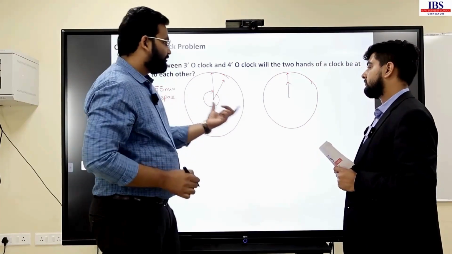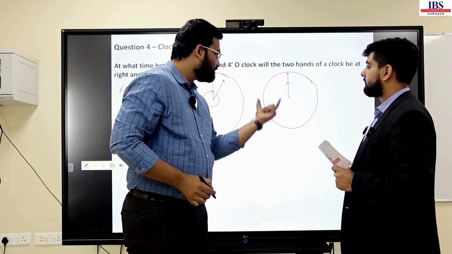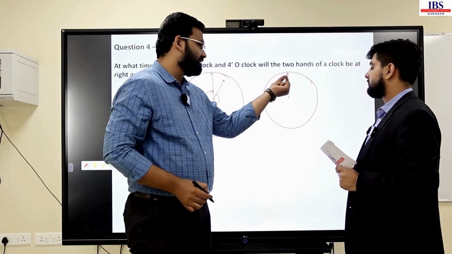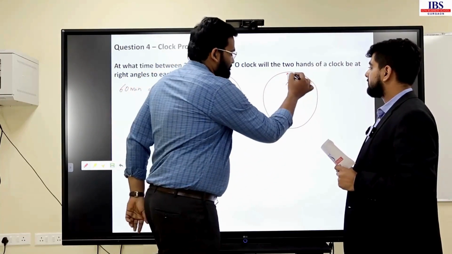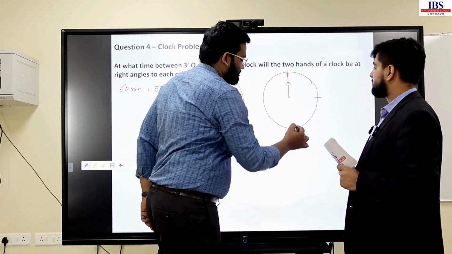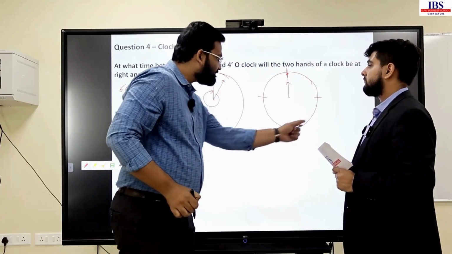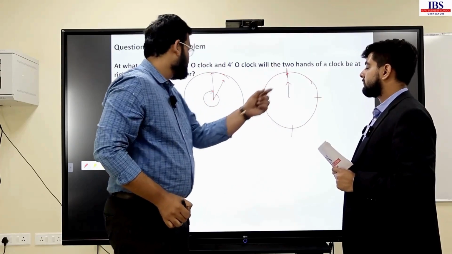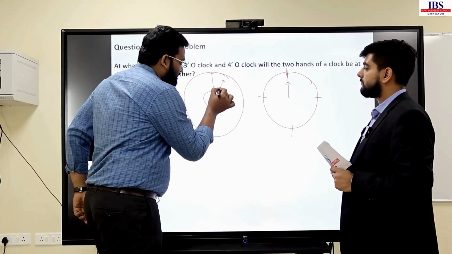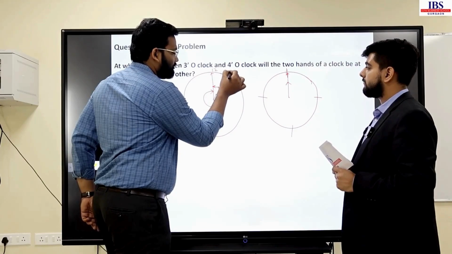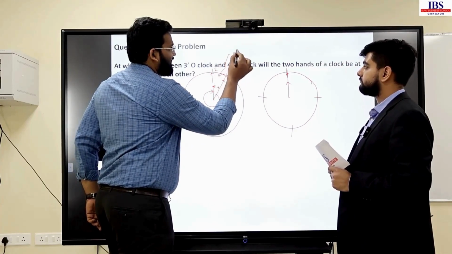See, if we look at this particular clock, how many minute spaces are there with respect to the minute hand? See here, 15 minutes, 30 minutes, 45 minutes and 60 minutes. So 60 minutes comprises the entire clock, and here since in 1 hour the hour hand also moved from 12 to 1, this is 5 minute spaces.